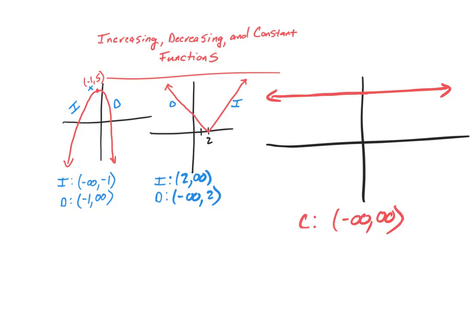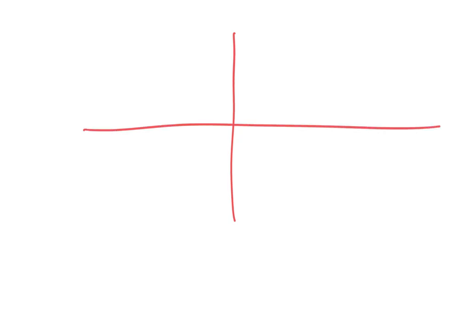Okay, I'm going to show you an example of one here that's going to have all three parts to it. And it's going to be a piecewise function like we kind of saw yesterday, where you're going to have different pieces or different parts to the graph. I'm going to put the points on here first that I want to use.